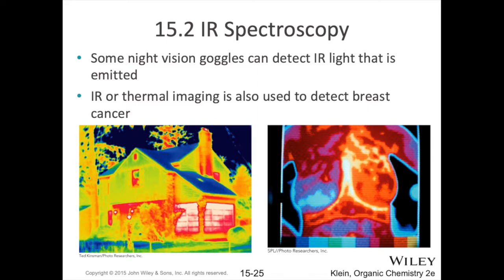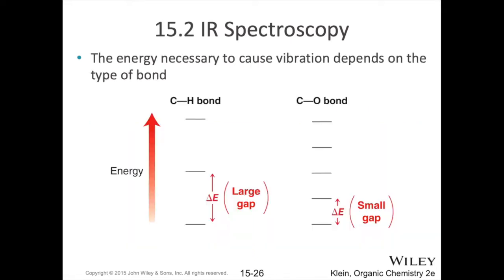So even if you don't have a lot of visible light present, night vision goggles can detect heat rising off objects, and you get an image of things that are present that way. Infrared spectroscopy works on a similar principle in that the detector picks up light that's making its way through the sample. The only difference is that you're shining the infrared light on your sample, and your detector is picking up what's making its way through the sample.